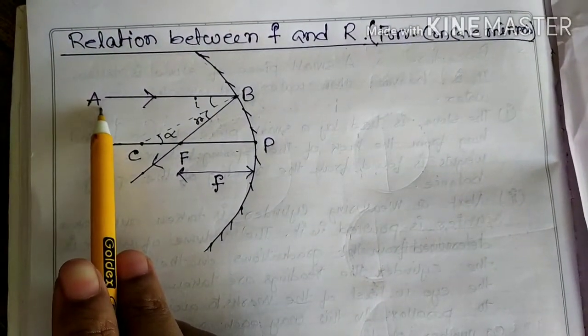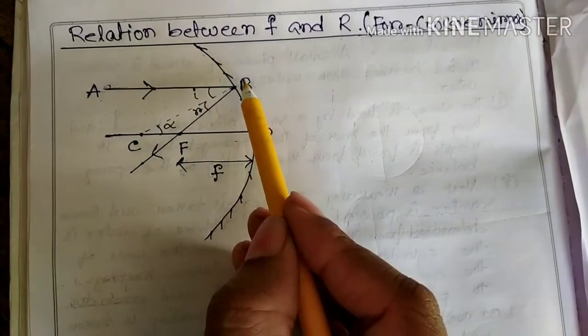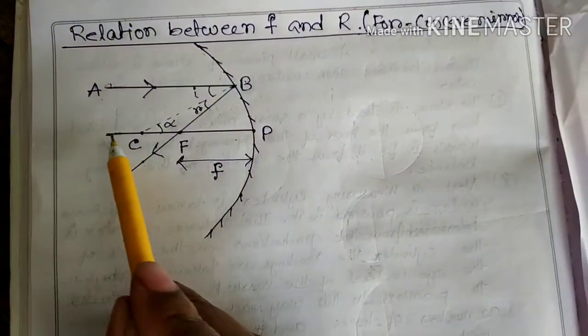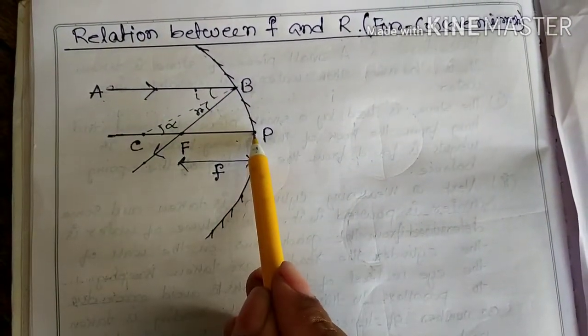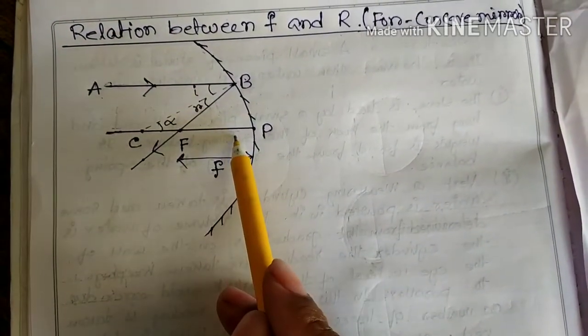Consider a ray AB. This incident ray is parallel to the principal axis.